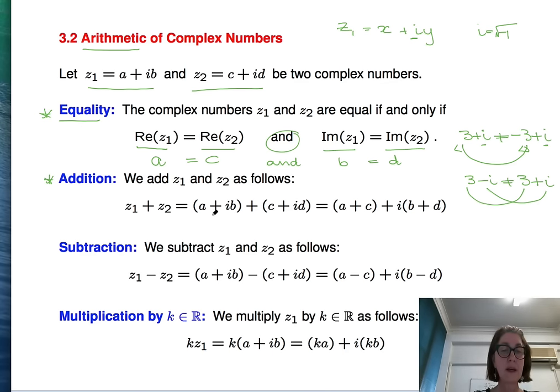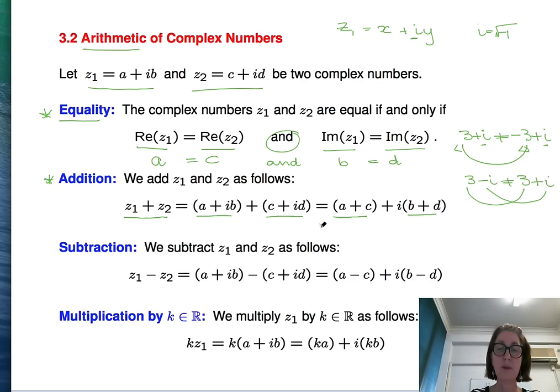So we've got this definition of what it means to add two complex numbers together. We're starting off again with arbitrary complex numbers Z1 and Z2. In this case, I've got A plus IB and Z2 is C plus ID. And we add these two complex numbers together by adding the real parts together and adding the imaginary parts together.